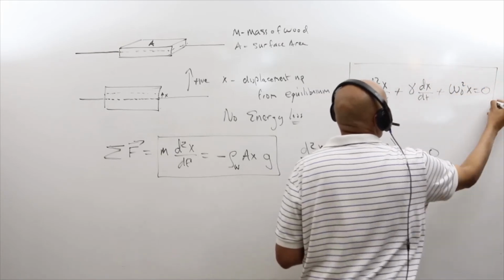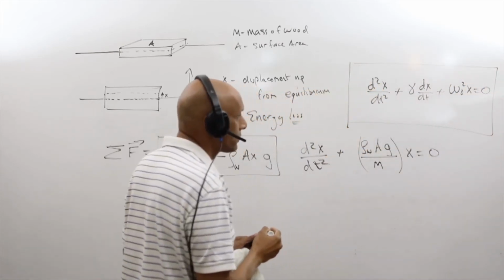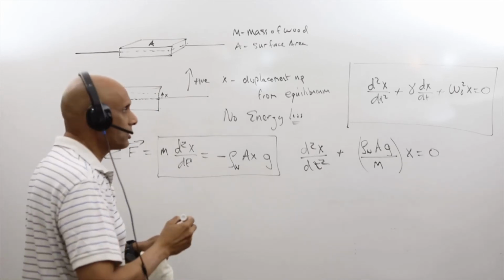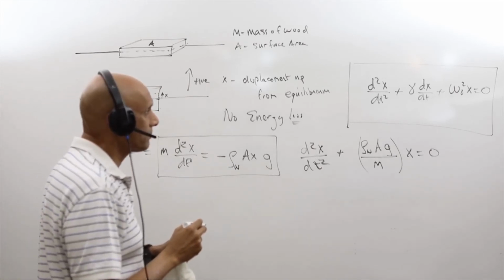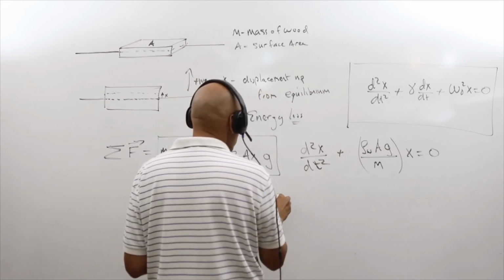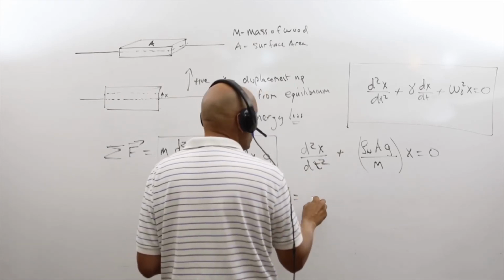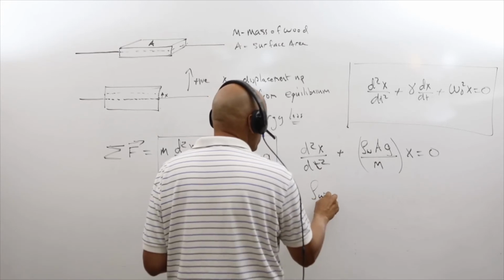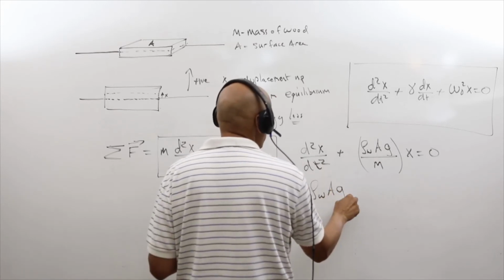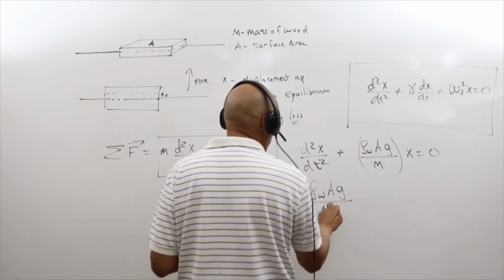So this is the equation that we already know solutions of, and we have a video for that, so if you want to double check, it's the mass spring system. So now, omega squared is equal to the density of water times the area of that plank of wood times gravity divided by mass.